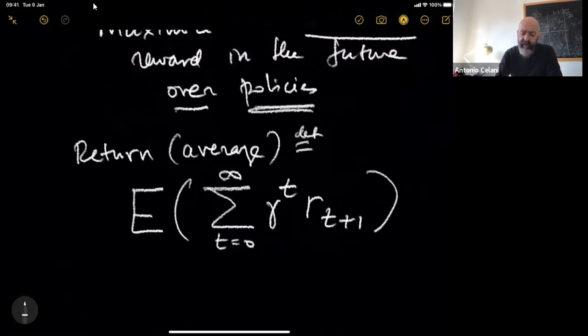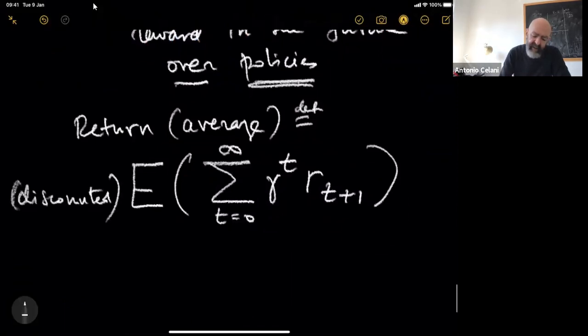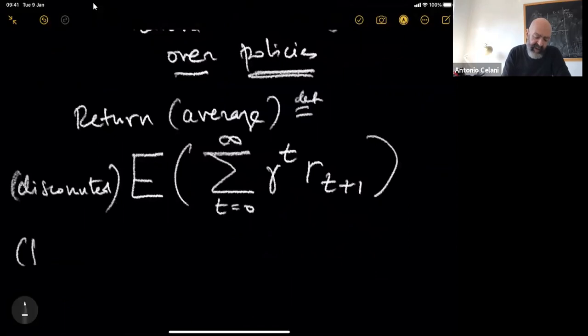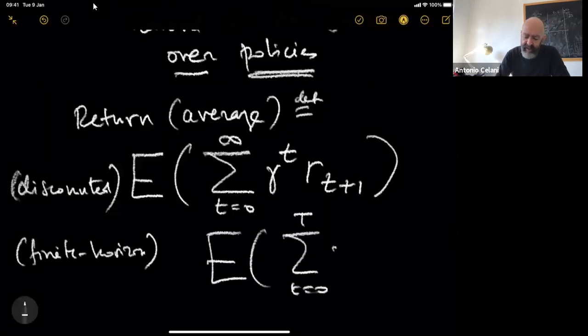This is one possible form of it, okay? This is one form, which is the discounted one, I will explain what this is in a second. Or there is the finite horizon form, which is maximize the sum from t equals 0 up to a certain time T of your rewards along the way, undiscounted.